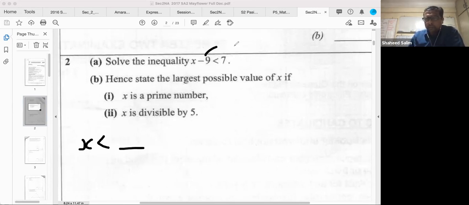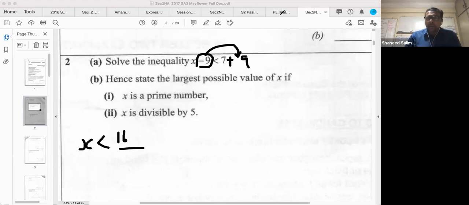You just bring this over. Imagine it's equal. Okay, remember, minus bring over become plus. Don't forget that. So it becomes 16 now. X smaller than 16.